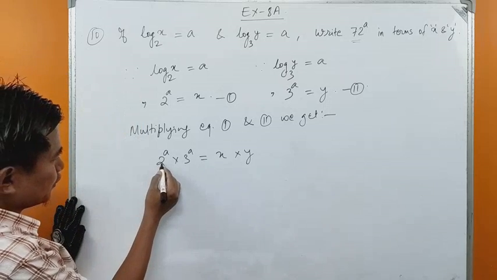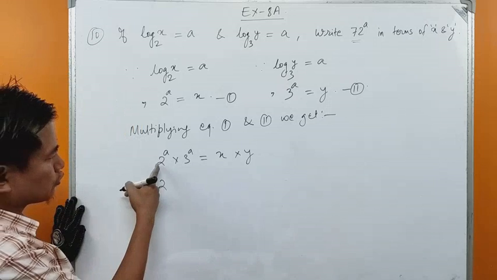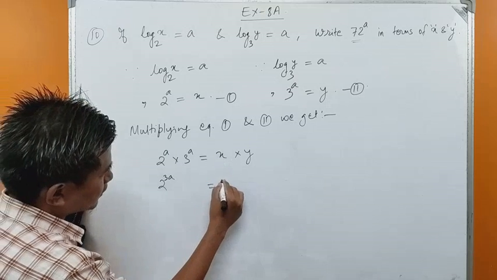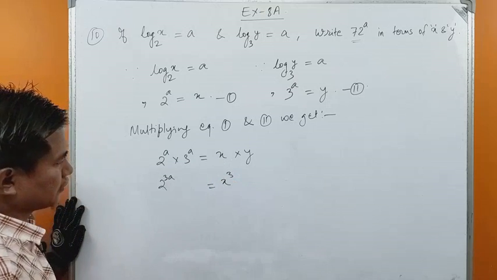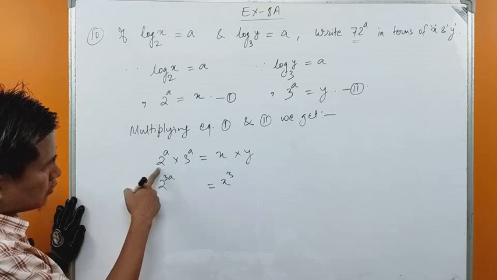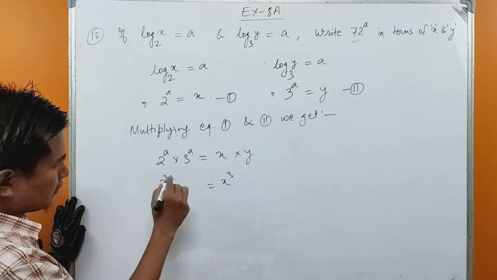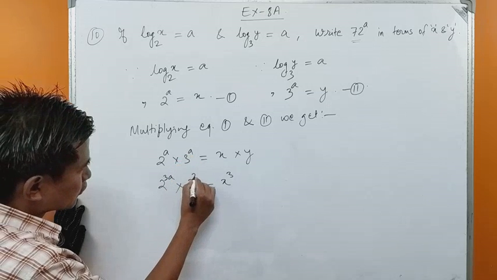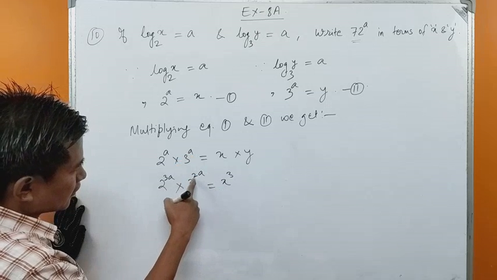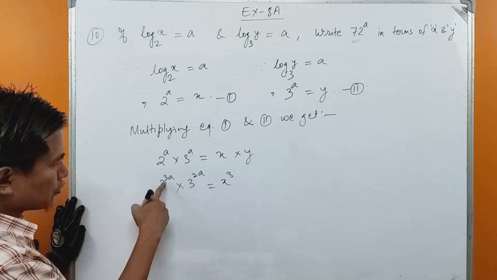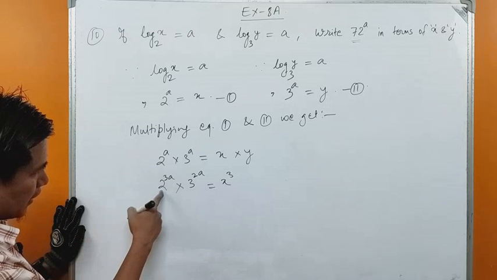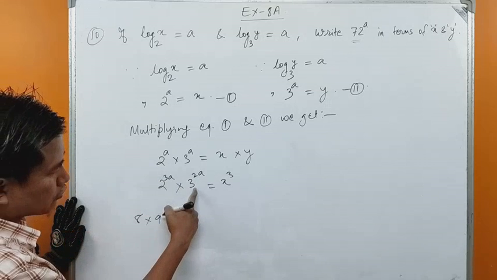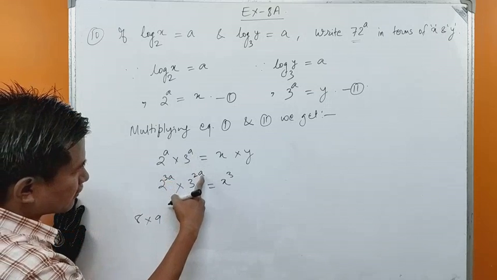So 2 cubed, I'm cubing 2. 2 cubed a means here we must cube this x also, x cubed. If I cube 2, we must cube x. Into 3 squared a. 2 cubed means 8, and 3 squared means 9. 8 into 9 gives us 72. 3 squared a is already there.